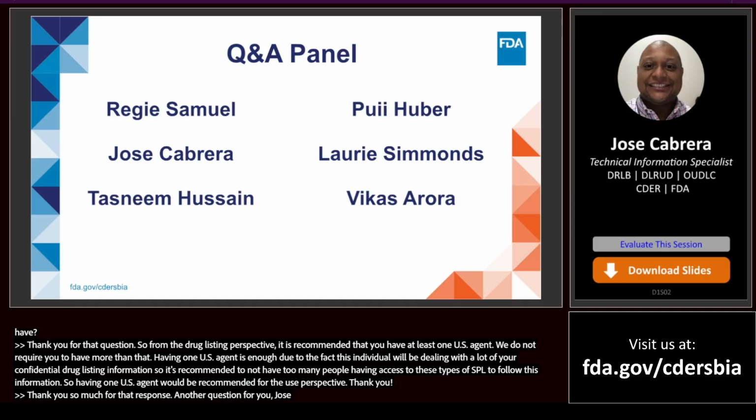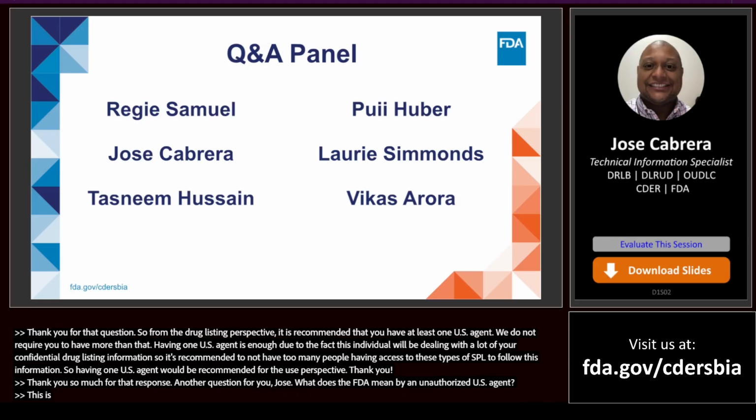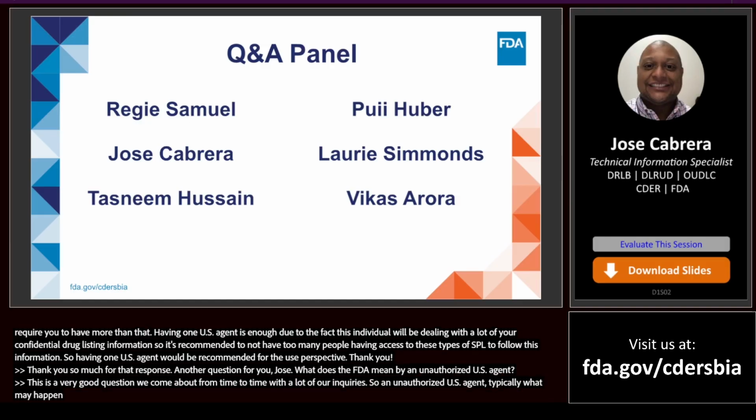So this is a very good question that we do come across from time to time in a lot of our inquiries. With an unauthorized U.S. agent, typically what may happen is, as a foreign drug establishment, you register your facility and you are preparing to have a drug listing. And you may find an individual to list as a U.S. agent.